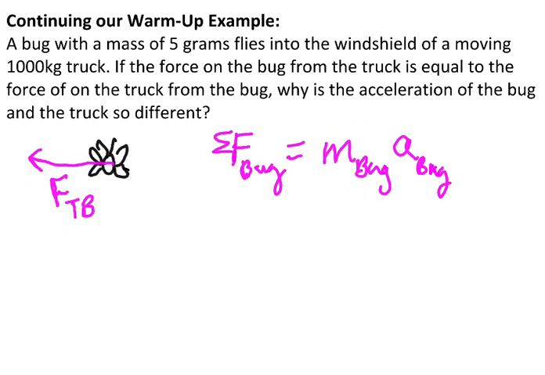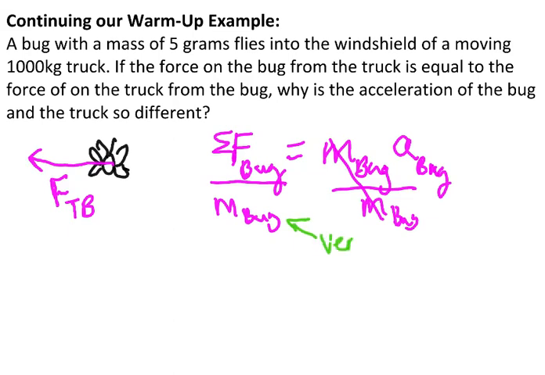So if I rearrange this for the acceleration and divide both sides by the mass of the bug, the acceleration is that net force divided by the mass. So if this mass is very small, and it is for the bug, then we're going to be dividing by a very small number.